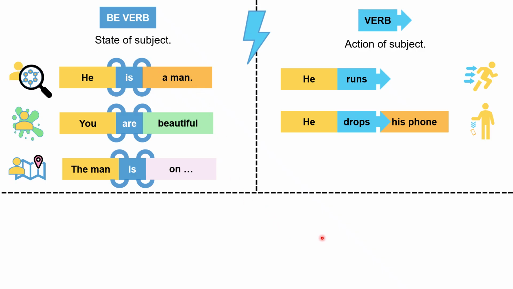Now, there's one more kind of verb. It's our helper verb. Helper verbs are little verbs like do, can, will, might. These verbs work with other verbs.